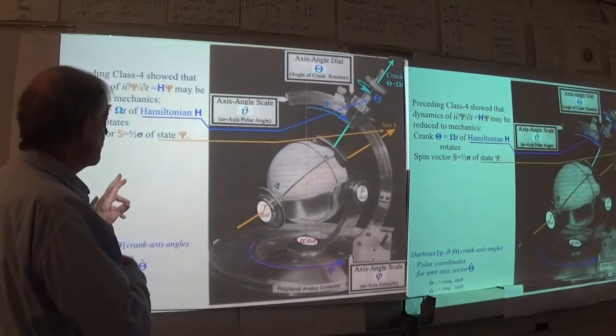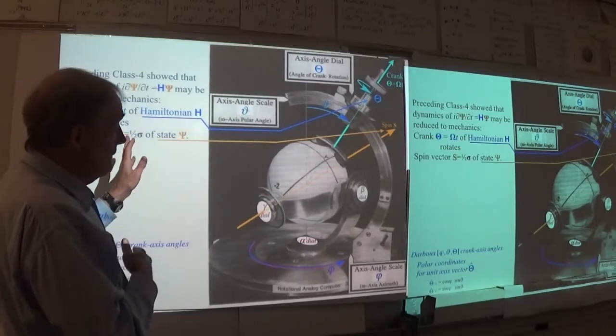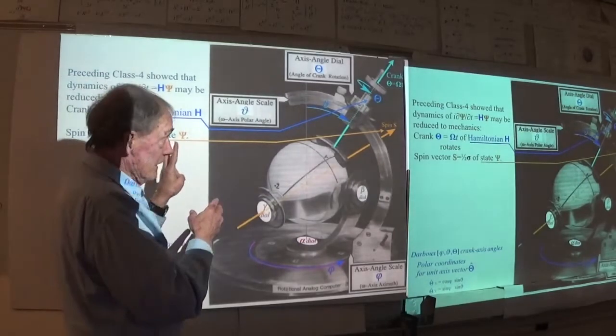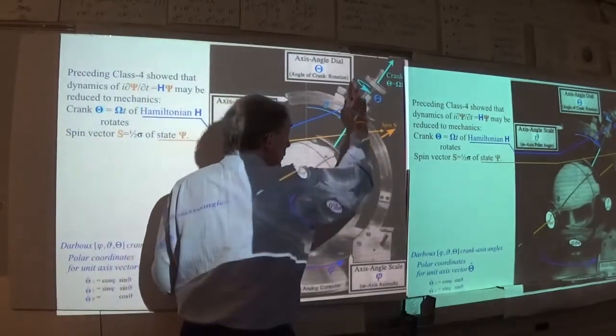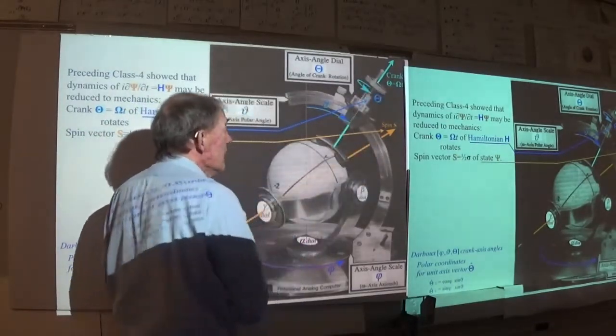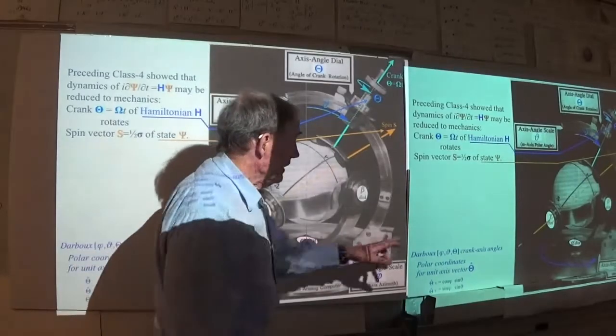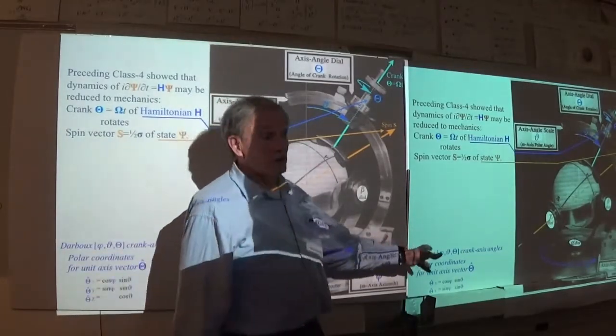And the idea of having three angles to describe the polar coordinates and the turning of the crank, and those are called the axis angles, the Darboux angles.